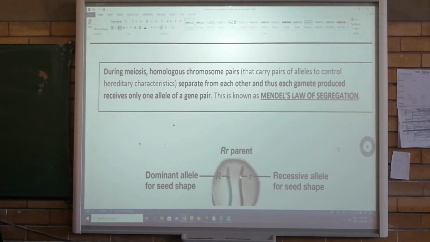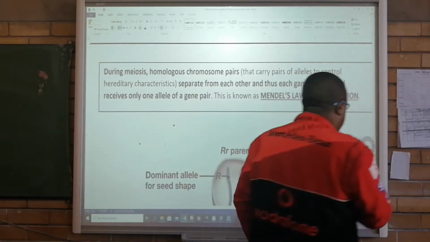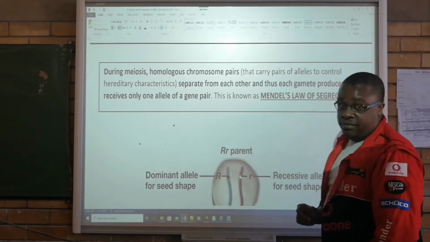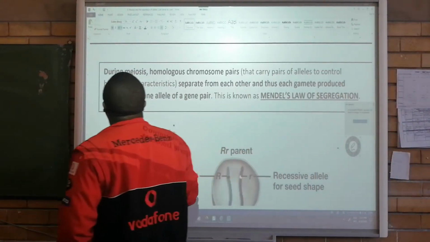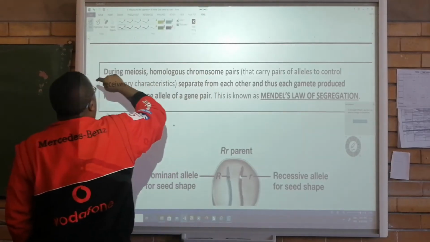And this is known as Mendel's law of segregation. We need to state this. State is a fancy way of saying say. So please make sure that you got it on point, and then you are good to go with it. Walk with me.